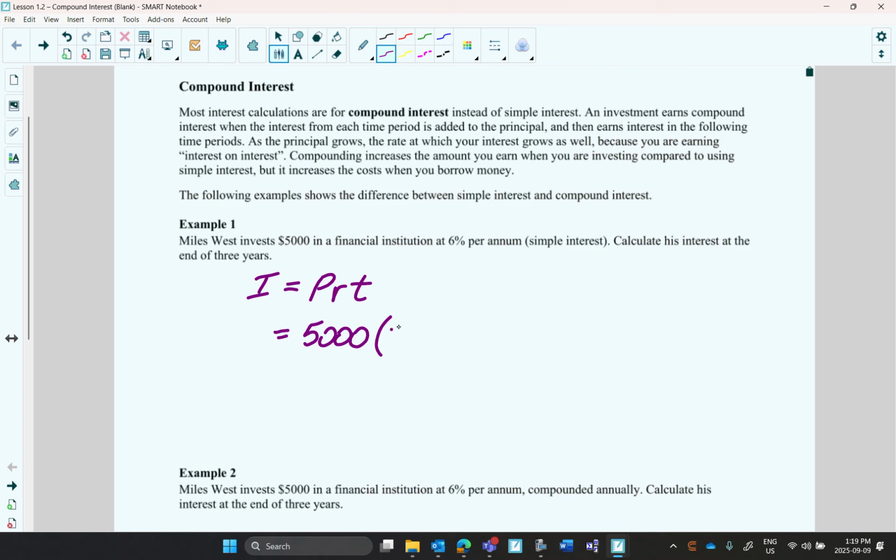As a decimal, the rate, yes, 0.06. And the time, 3 years. And if we did that, it works up to $900.